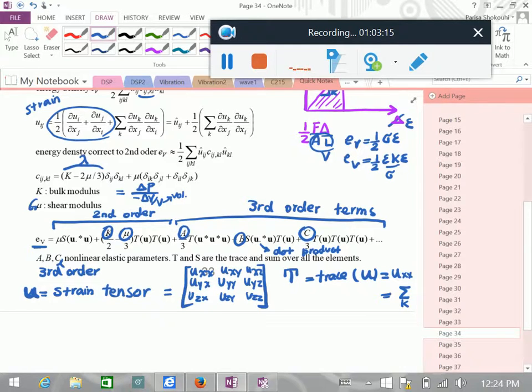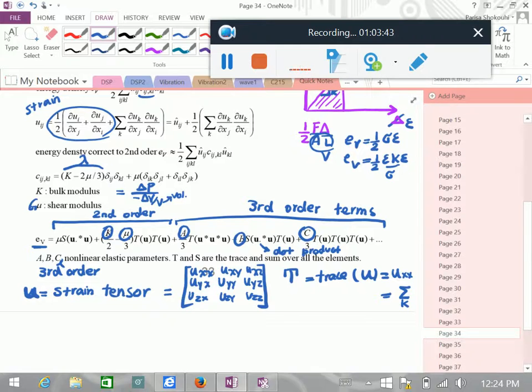Because they describe the third order terms in the energy density expression. That's why. So in comparison, elastic constants are second order. Makes sense? Always remember that. A lot of people think elastic constants are first order. No, they're second order because we always refer to the energy density.